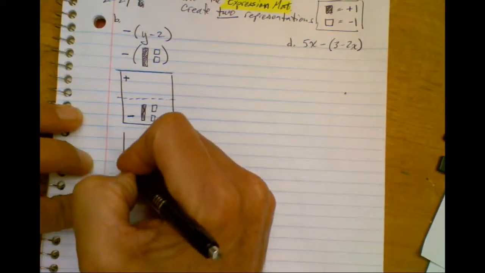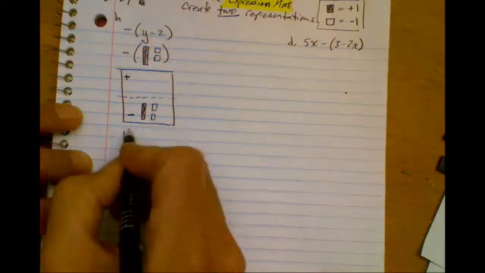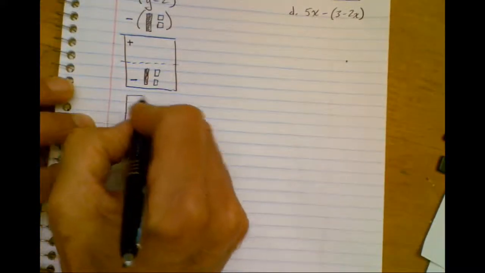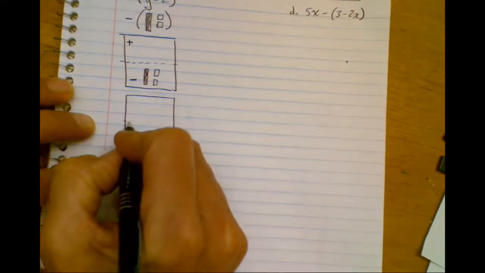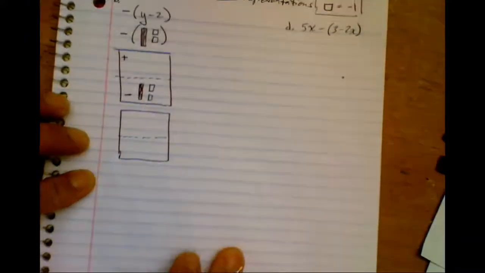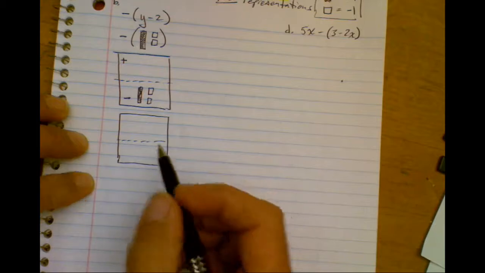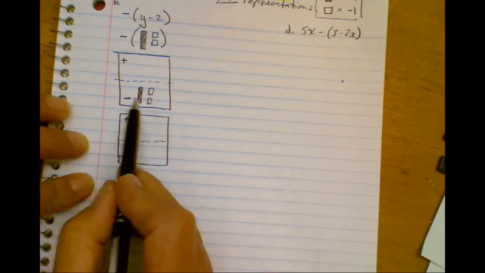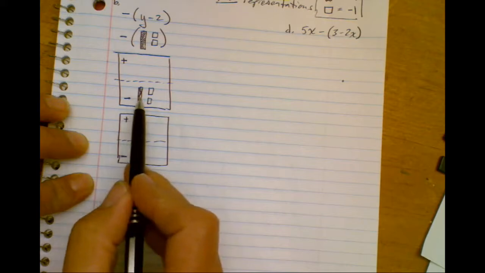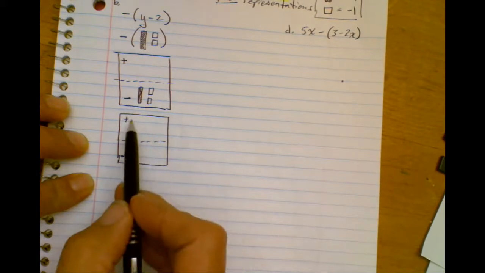Let me draw another expressions mat. Let me raise this up slightly. I'm trying to get it so that you can see all the expressions while I'm going here too. So this part's positive and this part's negative. Well, what happens if I take the opposite of each of these pieces? If I take the opposite, that means I'm putting it on the other side of the mat.